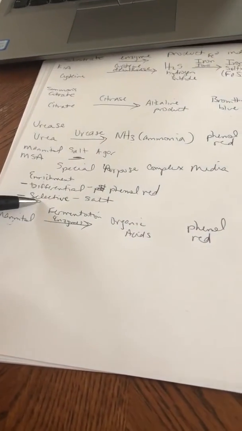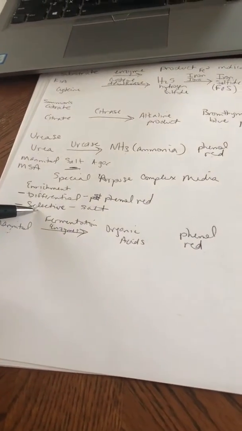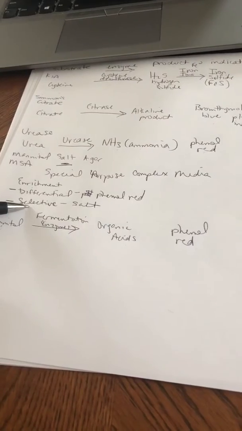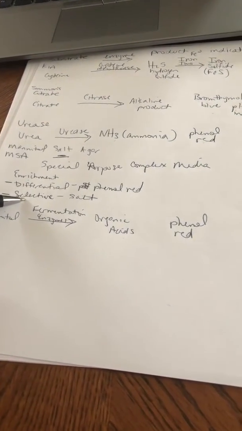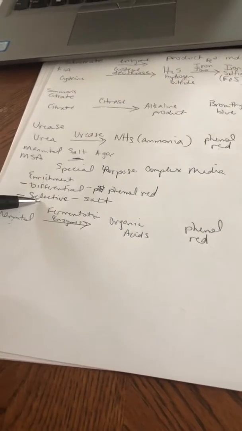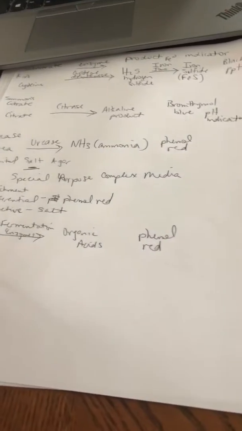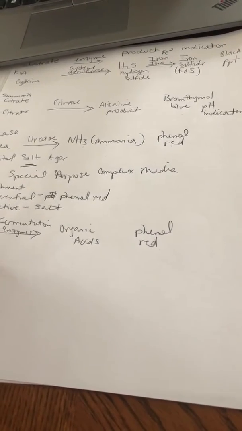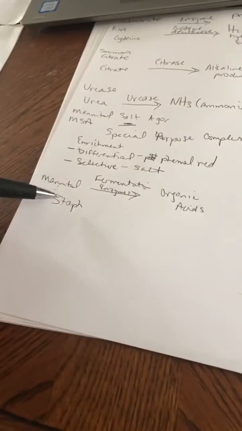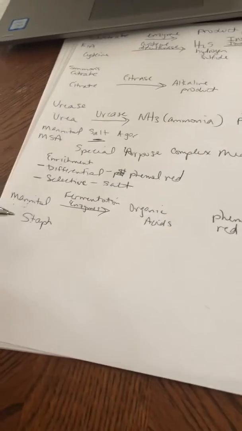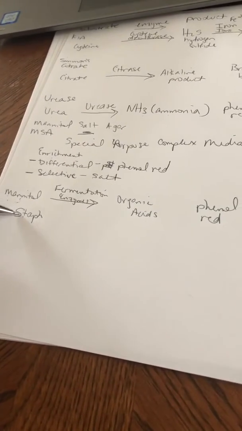So one type of bacteria that we know can grow in high salt is skin bacteria, right? Because when you sweat, what do you sweat out? You sweat out salt. So we know that staph species can grow in this media. There's other species that can grow in this media too, but specifically staph species can grow.